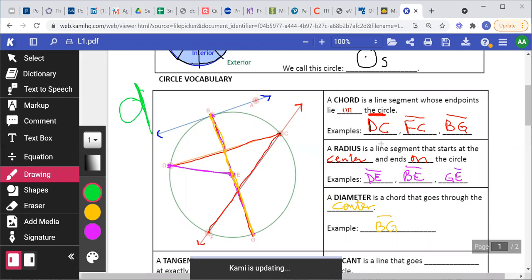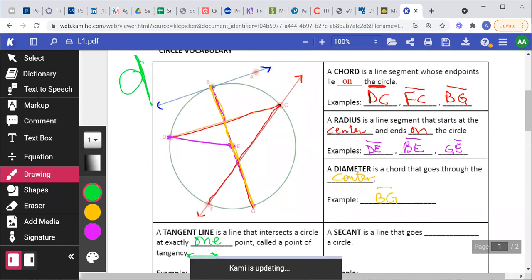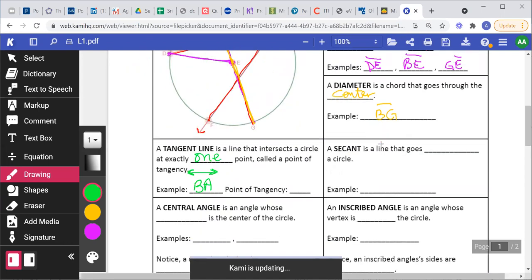At which point? A or B? When does the blue line touch this circle? Oh, I see. At B. Okay. So that point B becomes a point of tangency, okay? Since it touches the circle at B here, B becomes a point of tangency, okay?